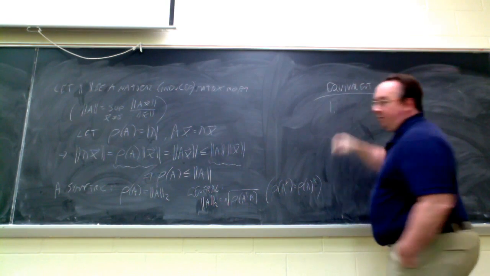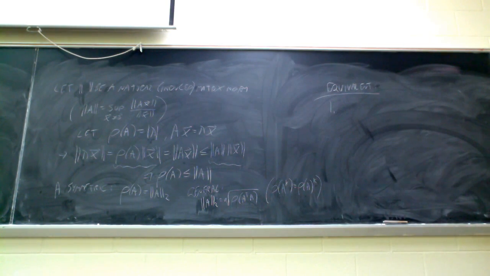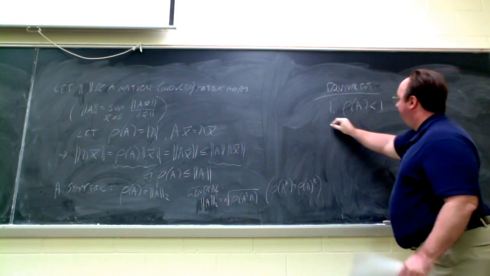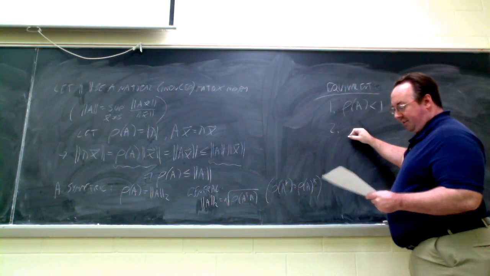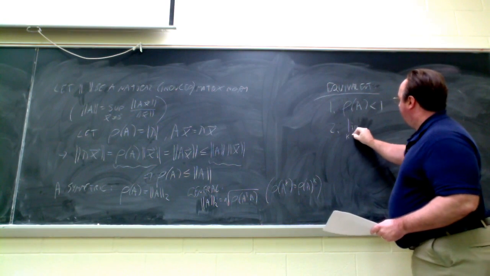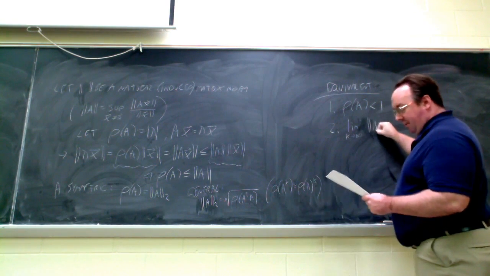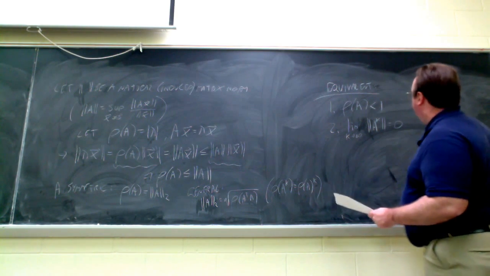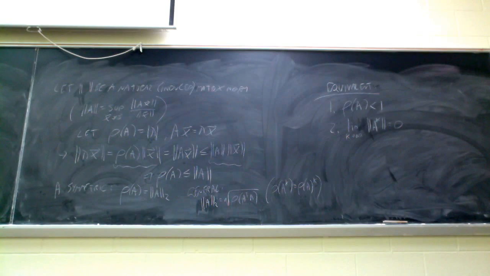So here are some equivalent conditions. If one of them is true, they're all true. The spectral radius of A is less than 1. We can also say that the limit of the norm of A to the K is 0 for any natural norm.